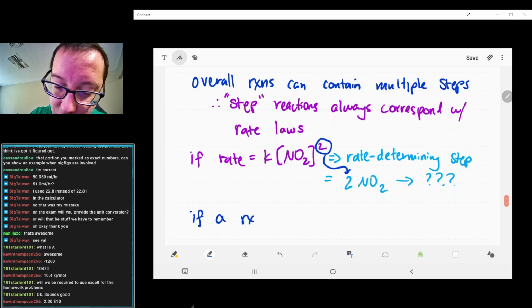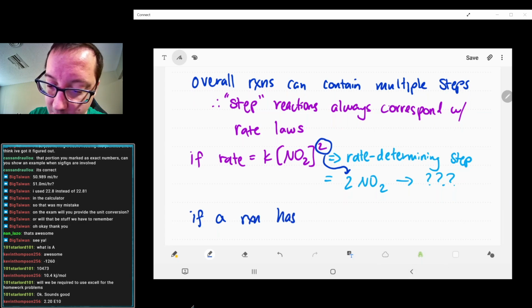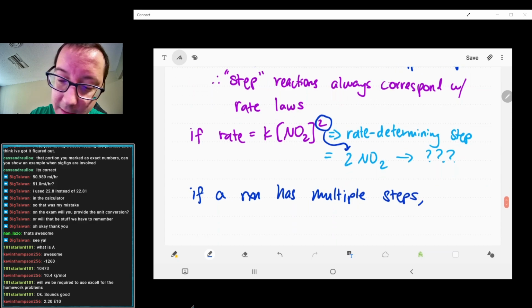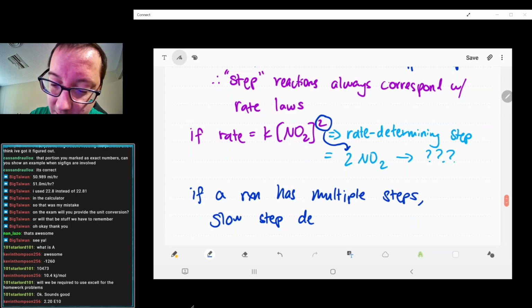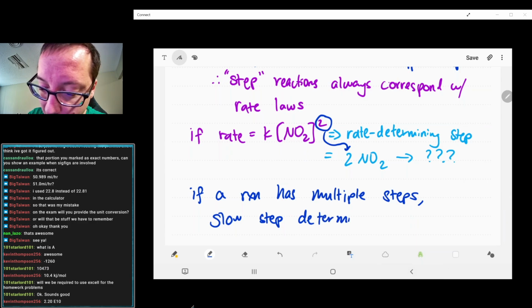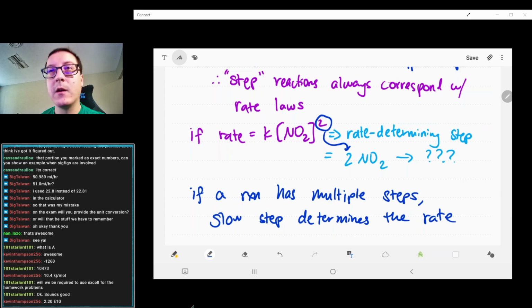If a reaction has multiple steps, the slow step determines the rate. Consider you are at this mythical place called an airport.